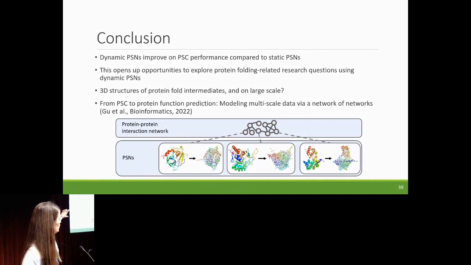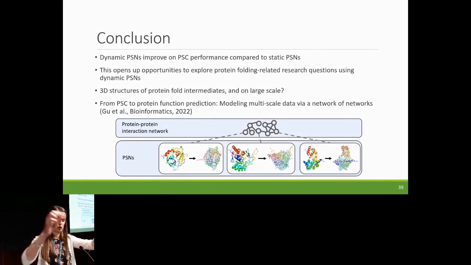Here, what I'm showing is on this top level of the multi-scale data is a protein-protein interaction network where nodes are proteins, and you can use the protein-protein interaction network to predict functions of proteins, but each protein, as I just illustrated, is a structure that can be modeled as a network. So now we have a network whose nodes are networks themselves. So we propose this idea of a network of networks, and we actually use it to predict functions of proteins in humans. So if you're interested in that idea, feel free to check out the paper.